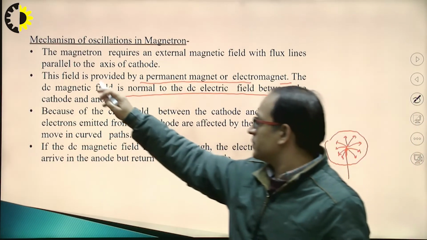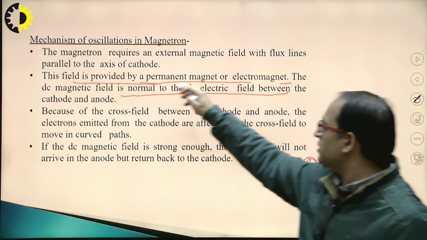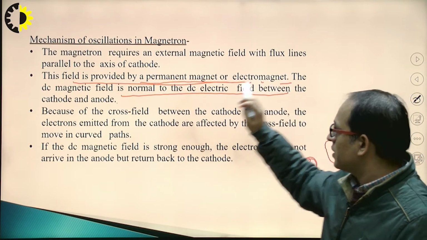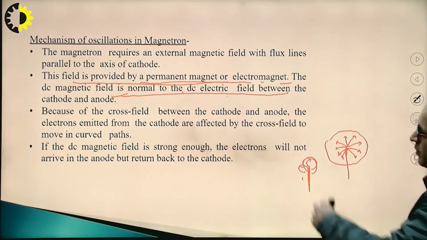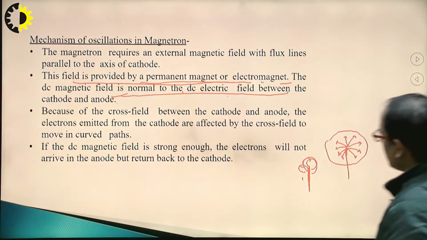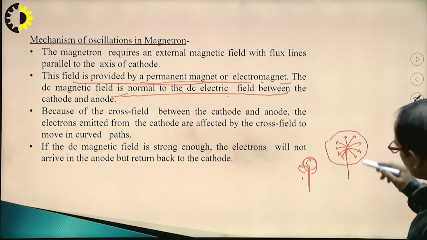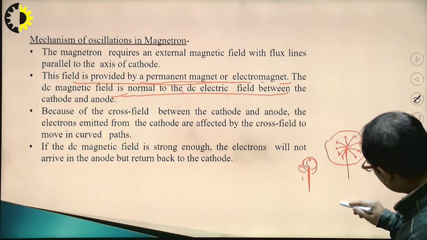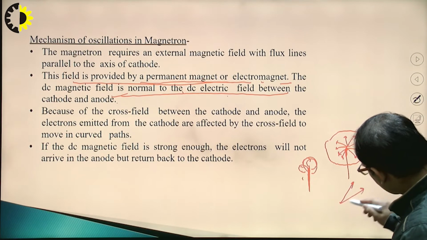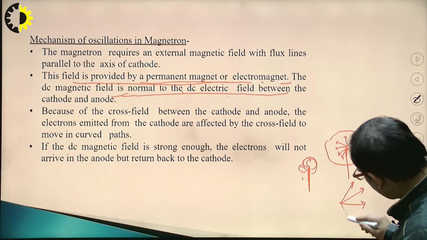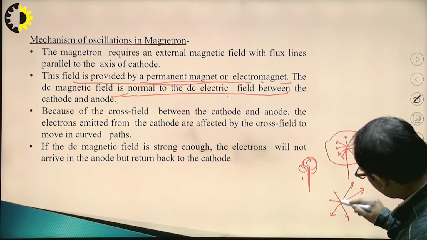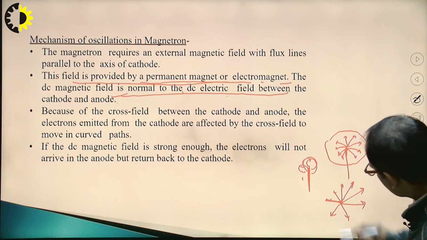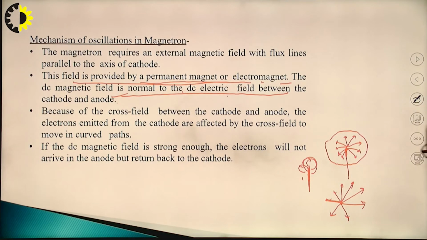Magnetic field, because this field is provided by the permanent magnet or electromagnet, and this DC magnetic field is normal to what? DC electric field between the cathode and anode. Now see this one is the straight path, means the cathode will emit and reach the anode side. Clear?